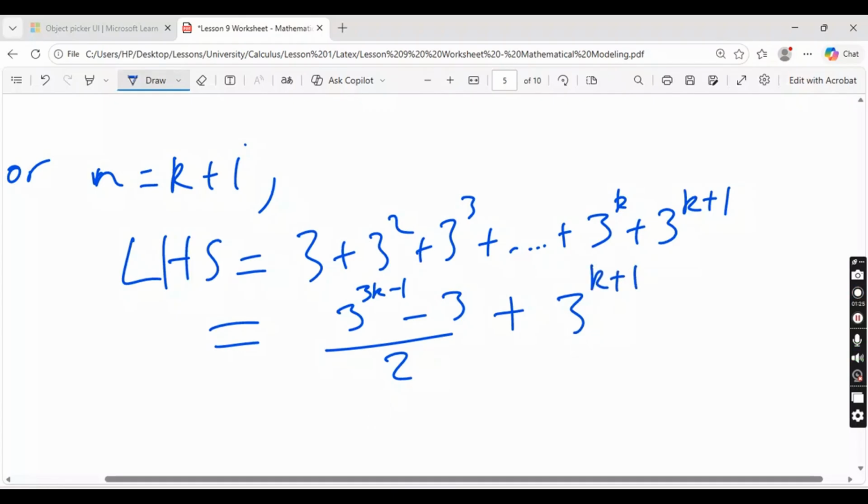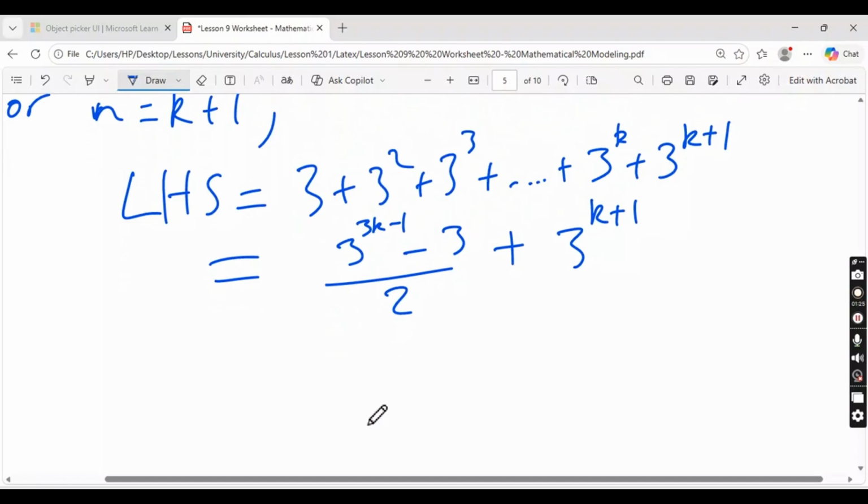Okay, any confusion here? No. Okay, so now we have to simplify. Yeah, let's see what we get.